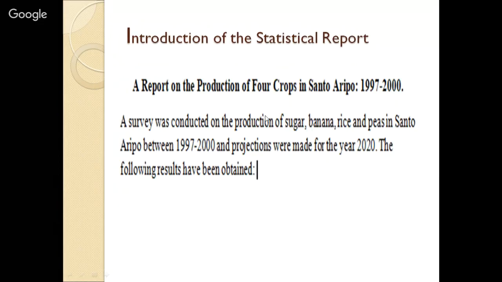Now, this is a sample of the introduction. A report on the production of 4 crops in Santo Rico, 1997 to 2000. A survey was conducted on the production of sugar, banana, rice, and peas in Santo Rico between 1997 and 2000, and projections were made for the year 2020. The following results have been obtained.